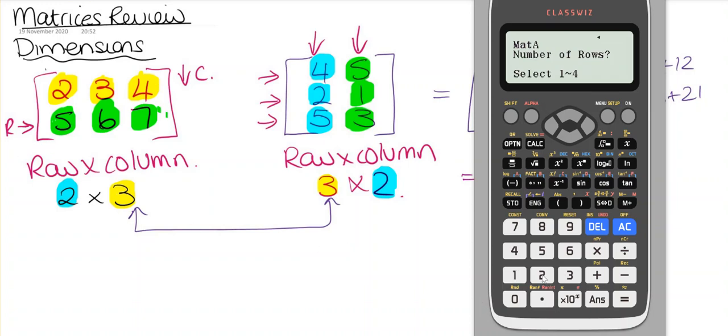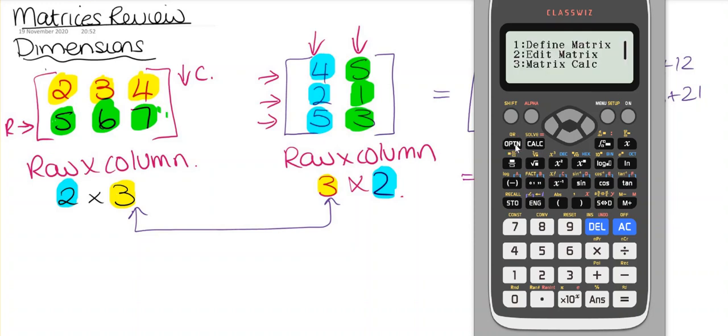So number of rows 2, number of columns 3. So now I'm just going to put in my numbers. 2, 3, 4, and 5, 6, 7. So there's my one matrix.